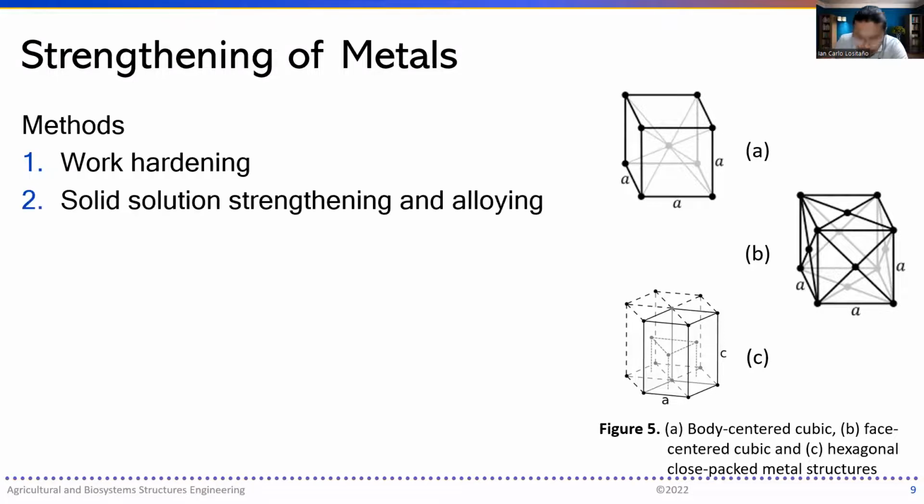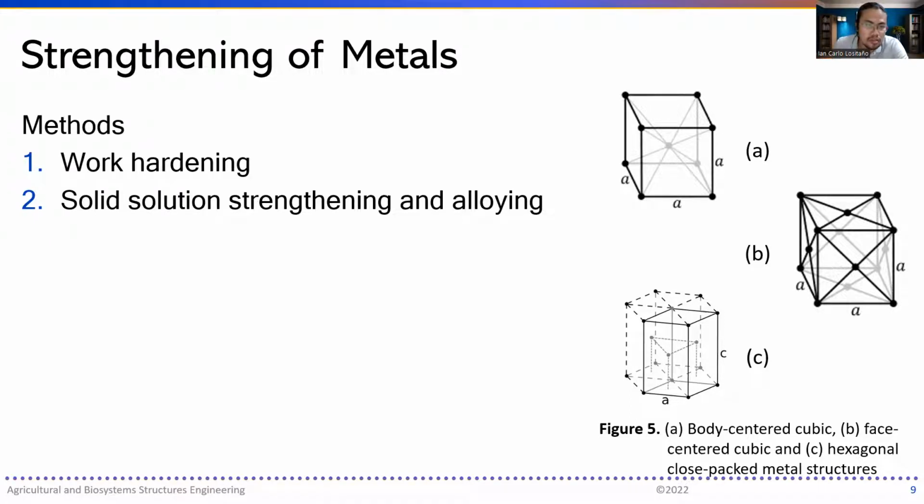Next up is alloying, which is actually solid solution strengthening. This is adding atoms of other elements to the metal. One example is brass, which is copper and zinc, and steel is also an alloy.